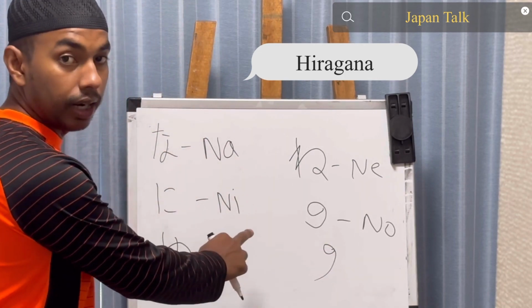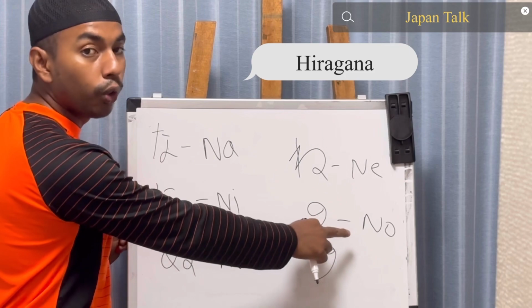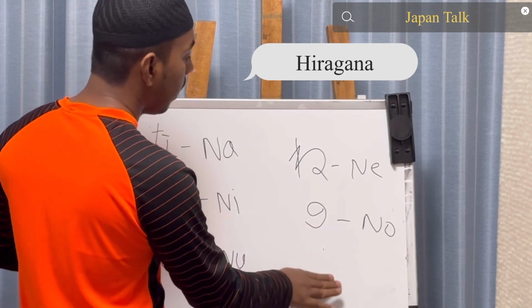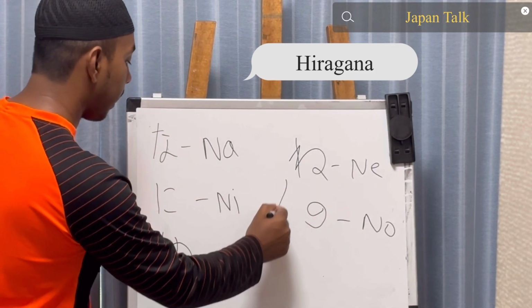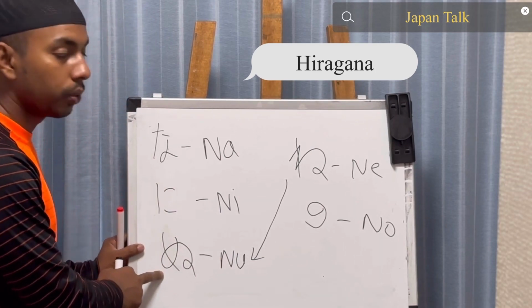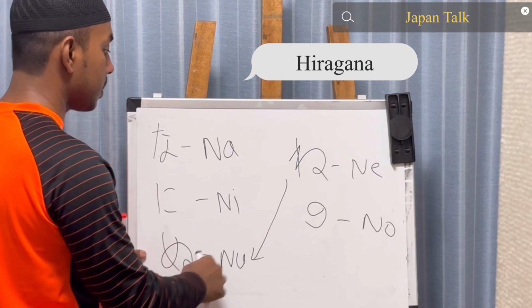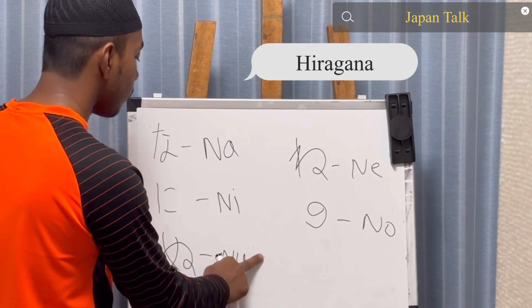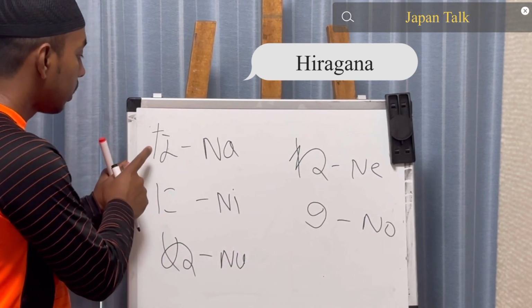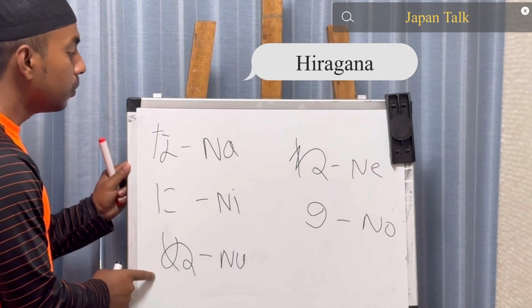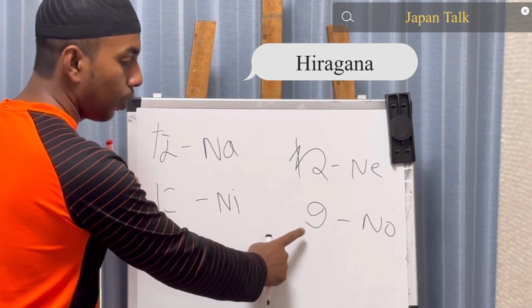But it's not 9. It's called no. And the ne looks like nu, right? So please take care about these two alphabets. Na, ni, nu, ne, no.